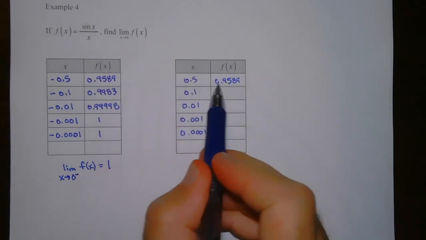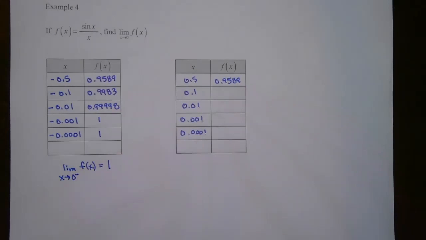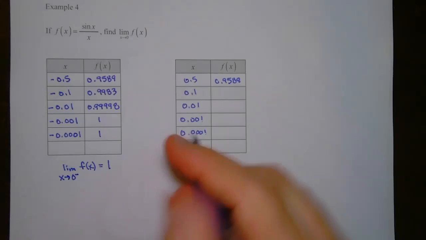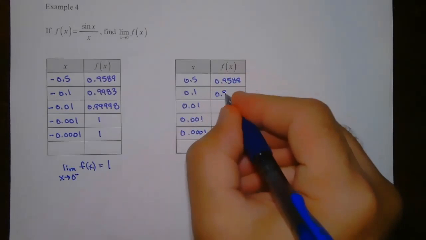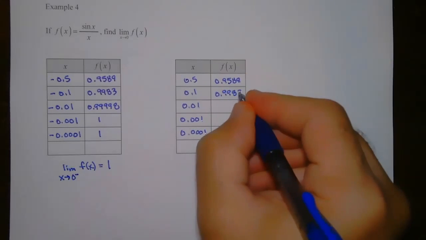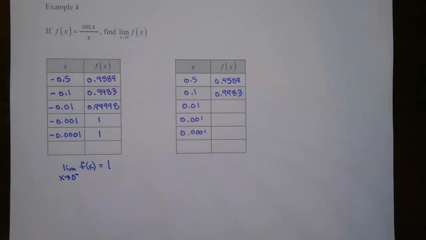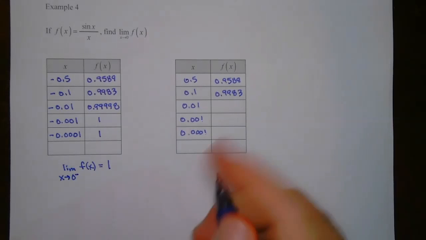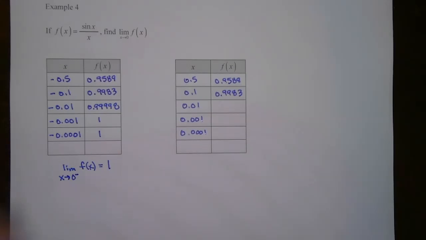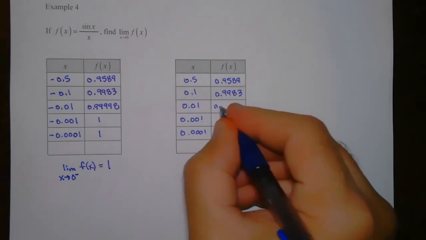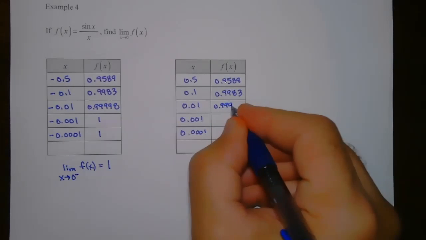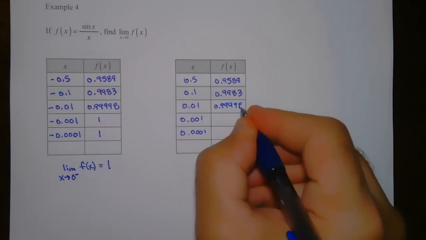So there's some symmetry here, right? Because it's the same value. Okay, and then 0.1 is 0.9983. And then 0.01, it's rounding to 1, but it's really 0.99998.